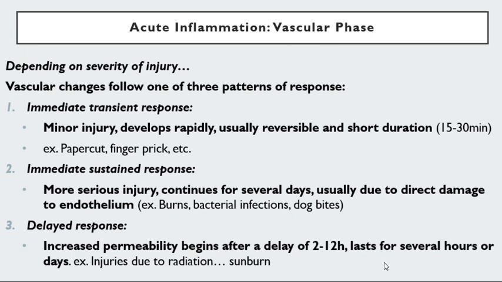So there's an immediate transient response, for minor injury, rapid and usually reversible with short duration, and an immediate sustained response, which is for more serious injury. So you can have different levels of vascular responses. Obviously, if you have a small paper cut, that's going to get resolved pretty quickly.